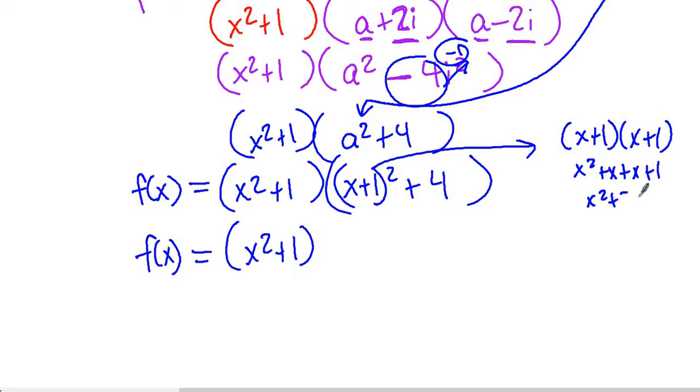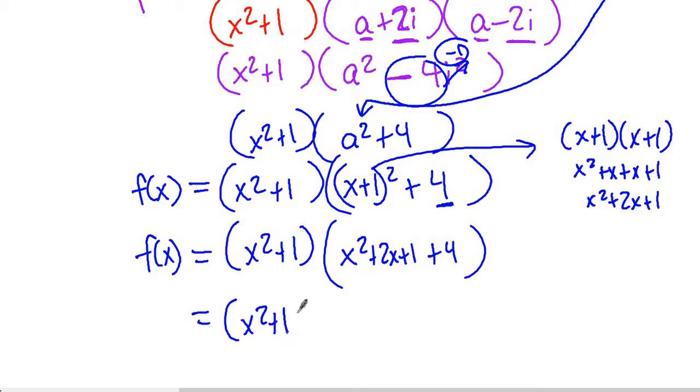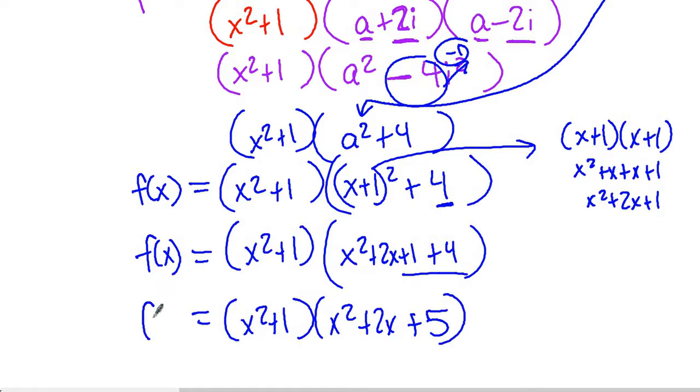That's the same as x squared plus 2x plus 1. Then we still have that plus 4 right there. So that's going to be x squared plus 1 times x squared plus 2x, and then 1 plus 4 equals 5. And now all we have to do is multiply this out, and that will be our final answer.